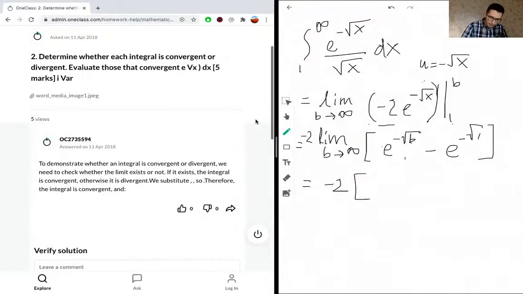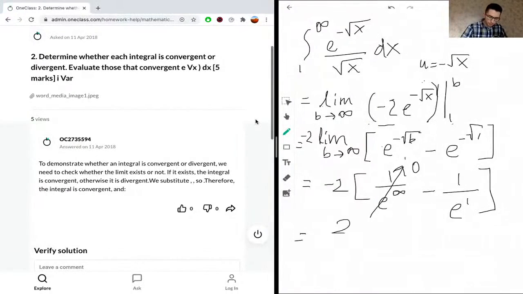Because it has a negative exponent, it becomes 1 over e to the infinity, because b is infinite. This component cancels out to 0, because we have 1 on top and infinity on the bottom, so it's very close to 0. And then the next component will be 1 over e to the 1. The square root of 1 is just 1, and the negative allows us to put the e on the bottom. And then we're left with 2 over e.